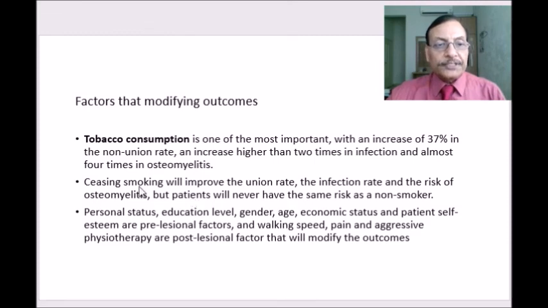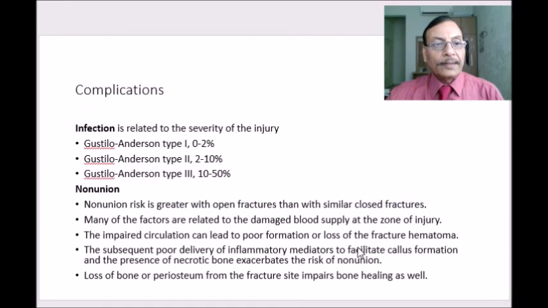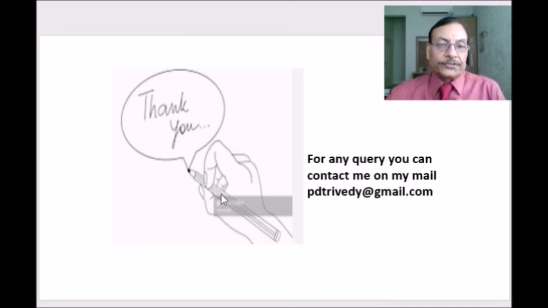So ceasing smoking will improve union rate, infection rate, and risk of osteomyelitis. But the patients will never have the same risk as a non-smoker. The complications, anyway, are non-union and infection.